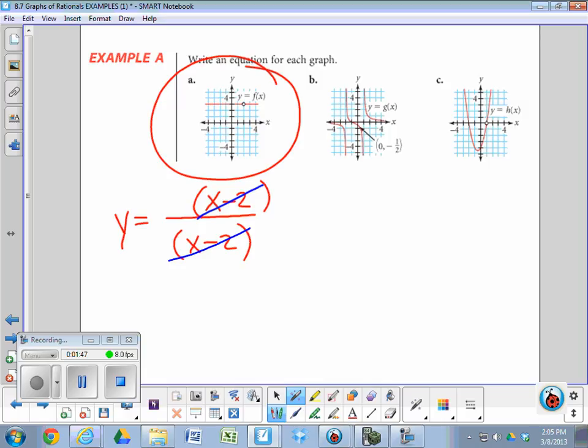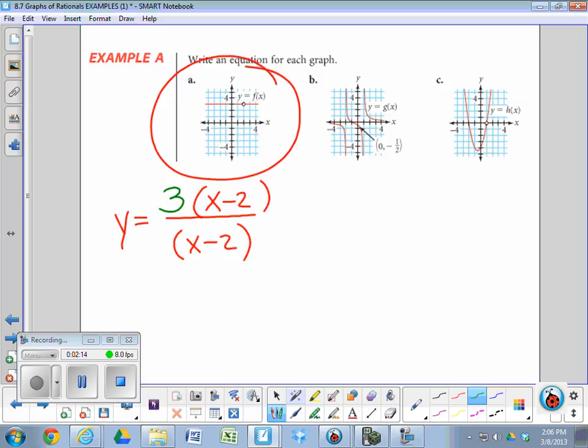So this function definitely has an x minus 2 on top and bottom. Last thing. How far up is the horizontal line? It's up 3. Wherever that line is, put that number on top with the x minus 2.